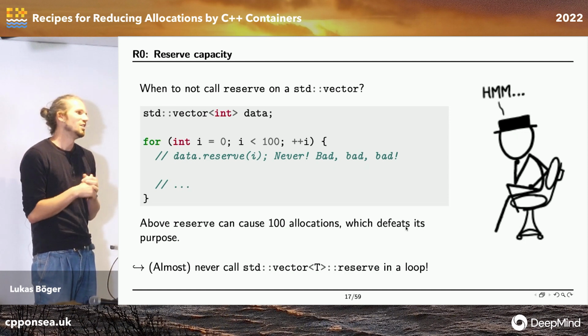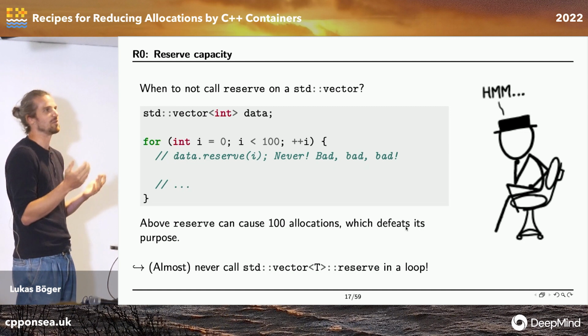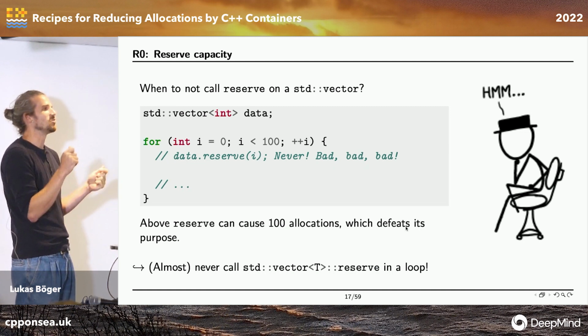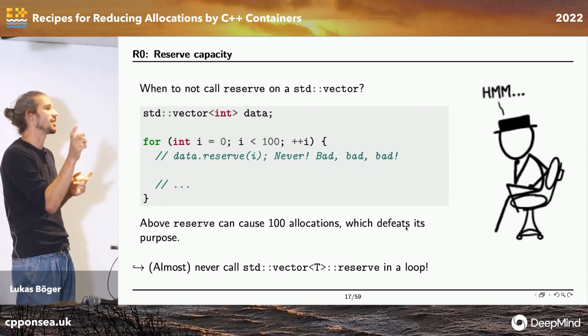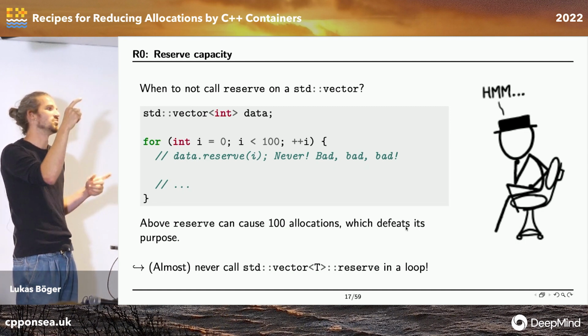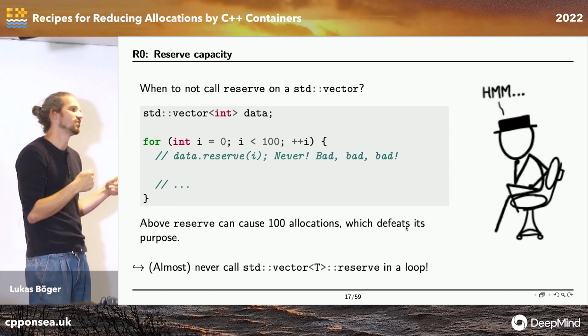Then, yeah. But it depends on the context really. I would assume if one were to pre-compute the required size before the loop, then reserve, then enter the loop, it would probably be beneficial, yeah.